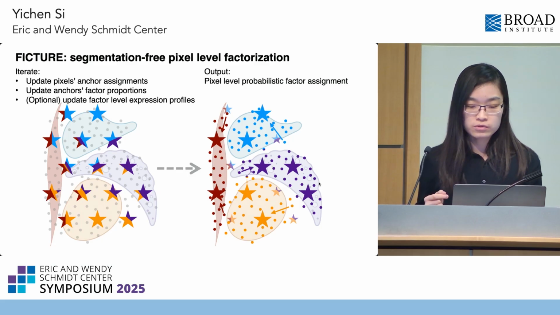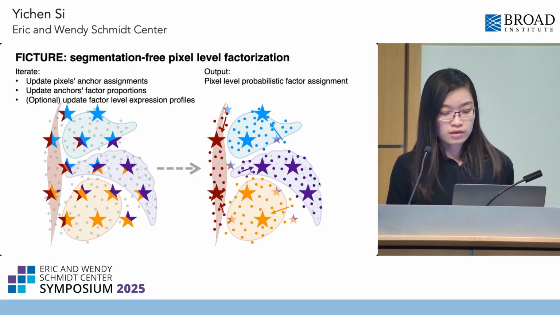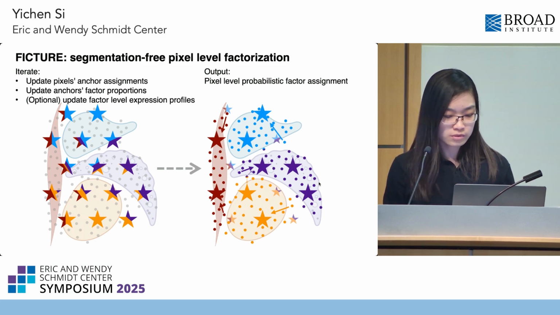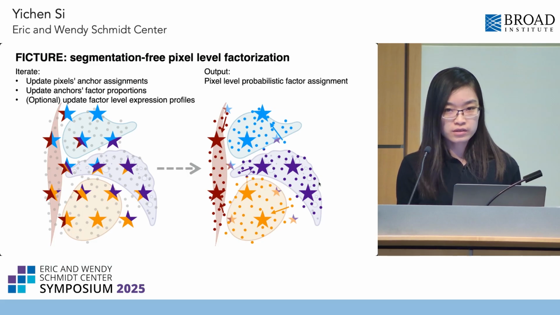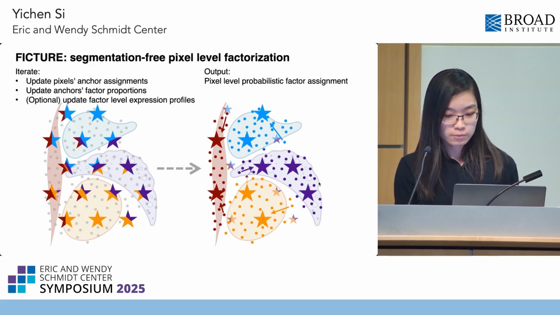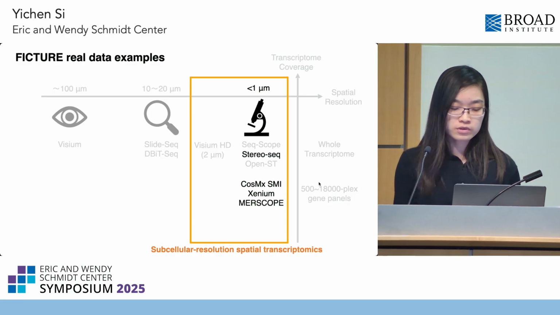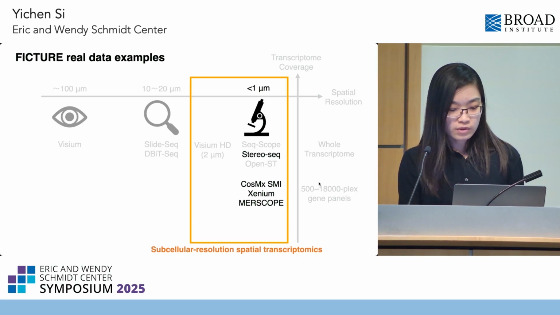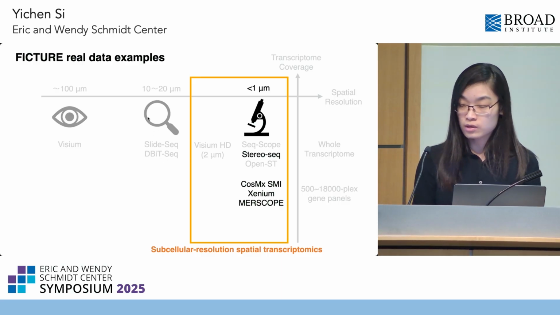So the key step is to allow each pixel to look around and pick which anchor it goes to. And then the anchors will collect those pixels and update their factor proportions. When this process converges, we have a probabilistic factor assignment of every single pixel. We will use public data from 4 different platforms to show that our method works in practice. But we do emphasize that we work for data from all such subcellular technologies.